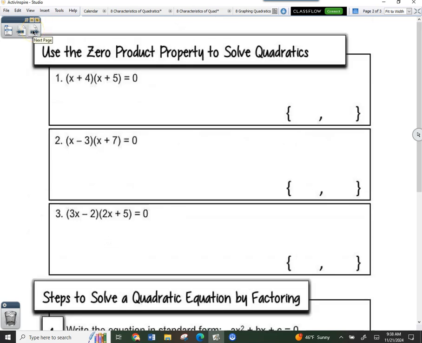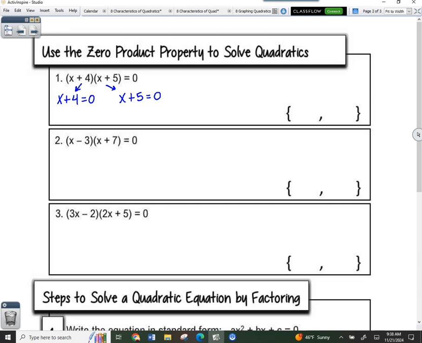So look right here. So if x plus 4 times x plus 5 is 0, then what do you know? One of those parentheses has to be 0. So do we know which one it is though? No. So using the zero product property, you pull them out and you say, well then this has to be 0, and this has to be 0, and now you solve them individually.